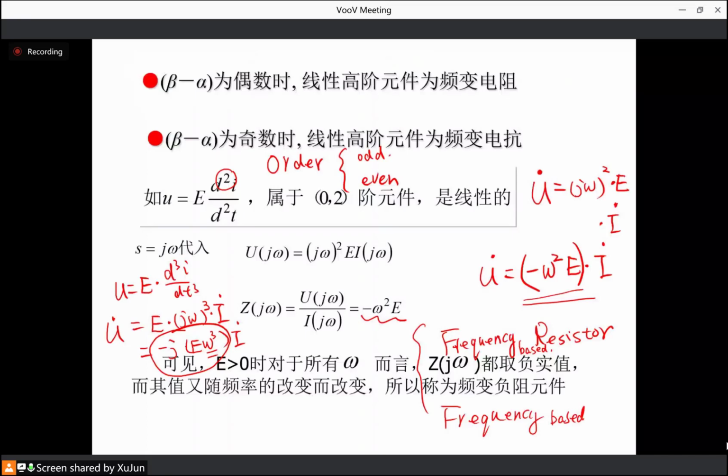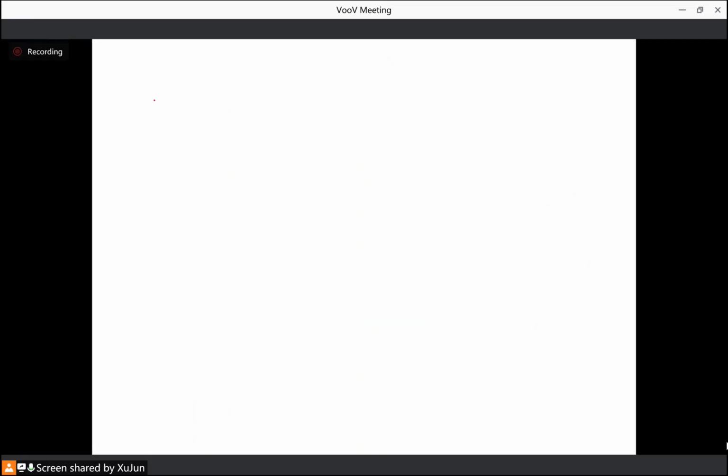Okay, today is enough. We'll make a conclusion. Today we have discussed linear and nonlinear, and how to judge linear or nonlinear. This is one content. The second content is the RLC components.